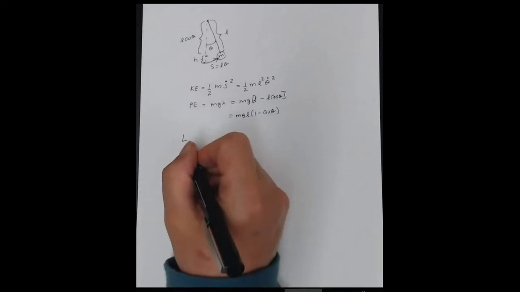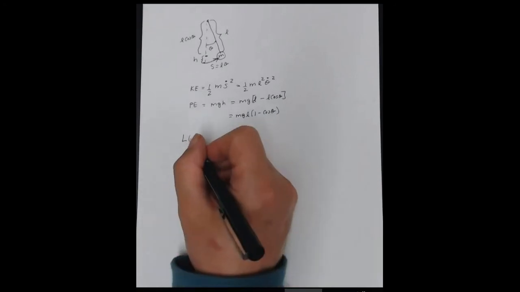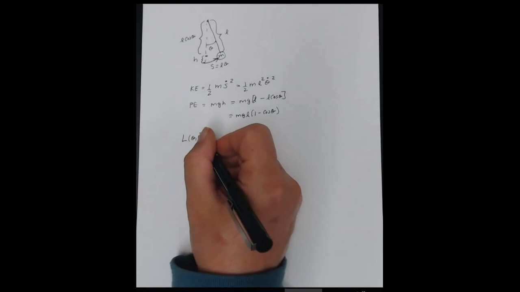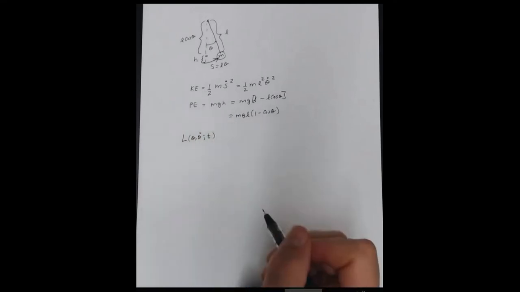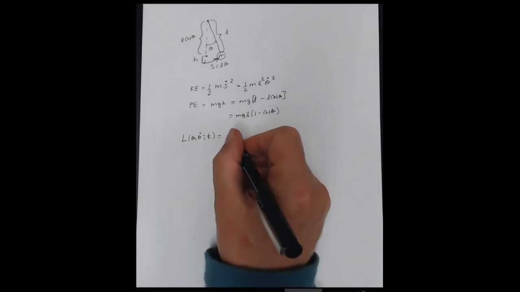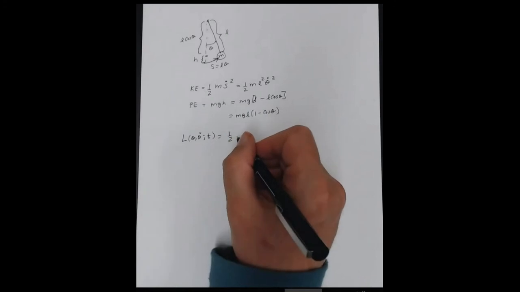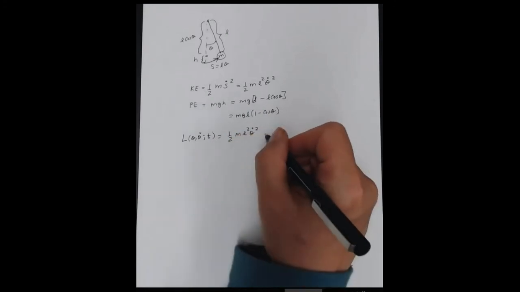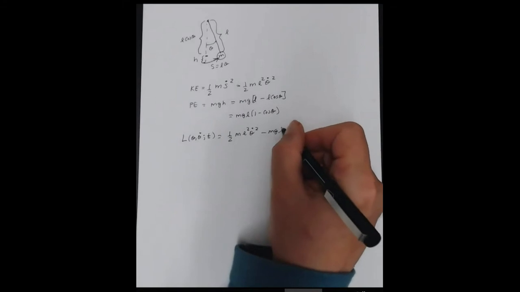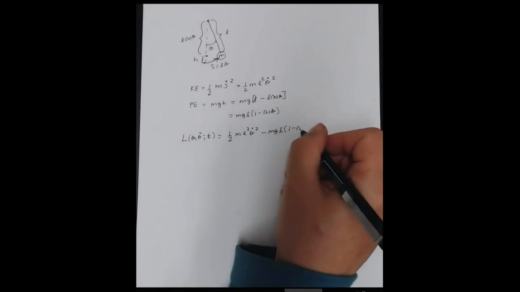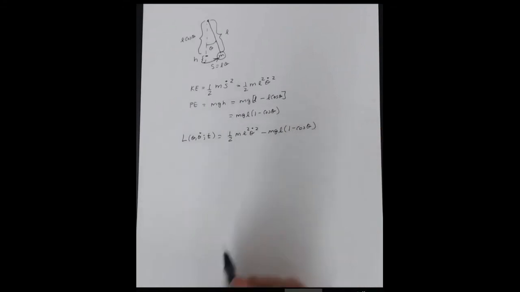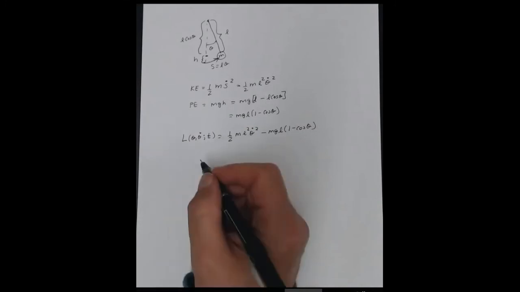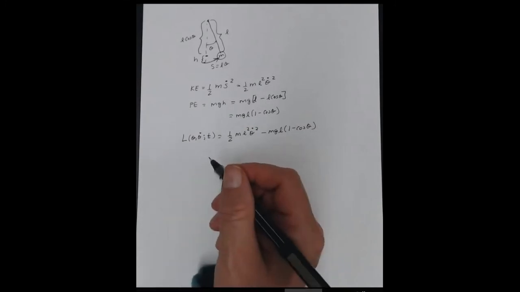So the Lagrangian, and I'll write the Lagrangian in terms of theta dot, L equals 1/2 m L squared theta dot squared minus mgL 1 minus cosine of theta. I want to set up Lagrange's equation.